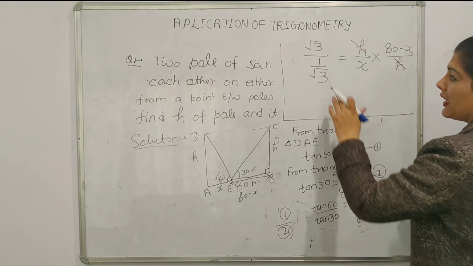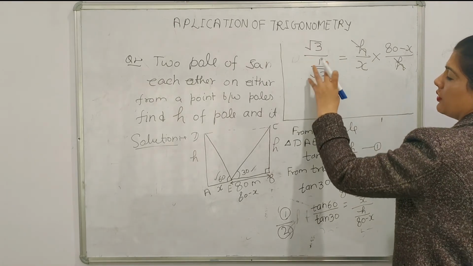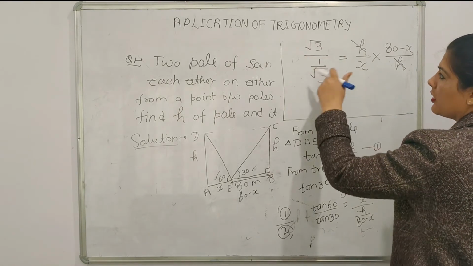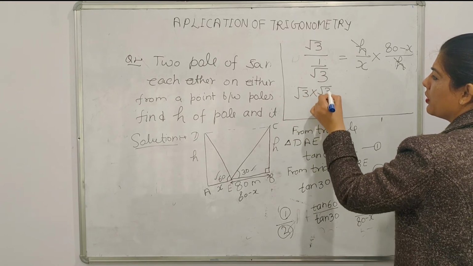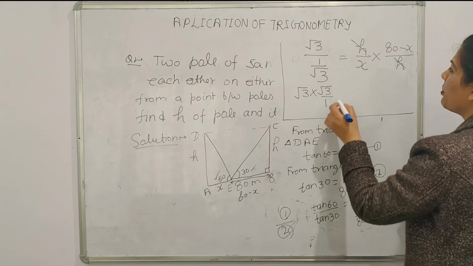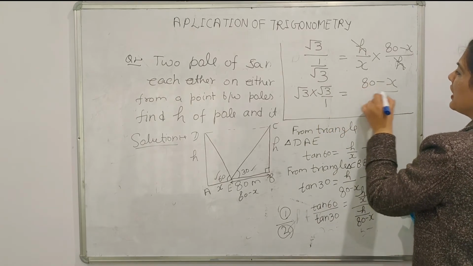This cancels, and again this comes into multiplication. After reversing the fraction, root 3 upon 1, and here it is 80 minus x upon x.